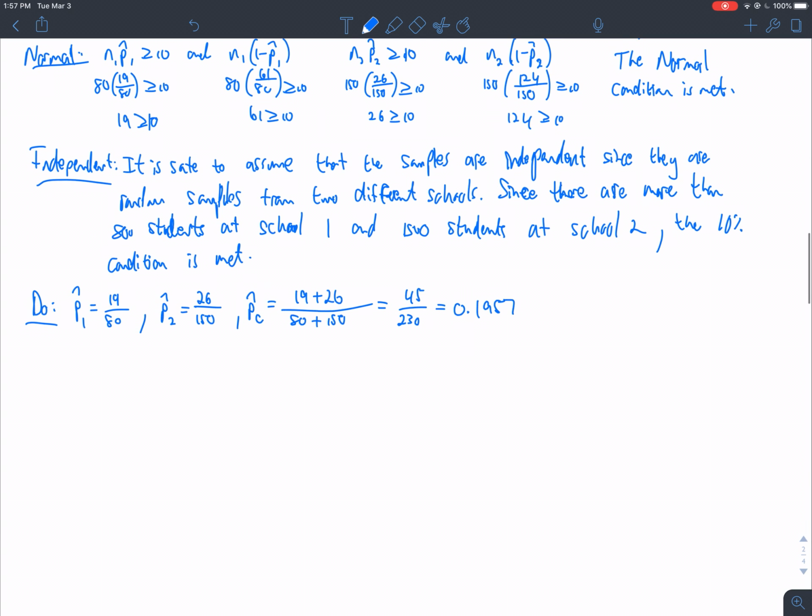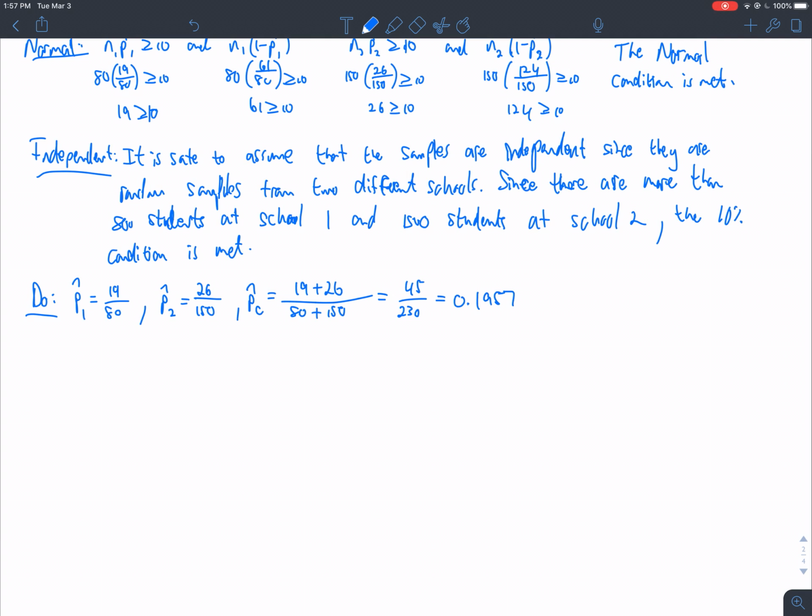All right. So now we just plug stuff in to our formula. My test statistic is z equals p hat 1 minus p hat 2 minus 0. Okay, that's our null hypothesis. We're assuming that they're the same. p1 minus p2 is 0. Over the standard deviation of the combined proportion that we're estimating.